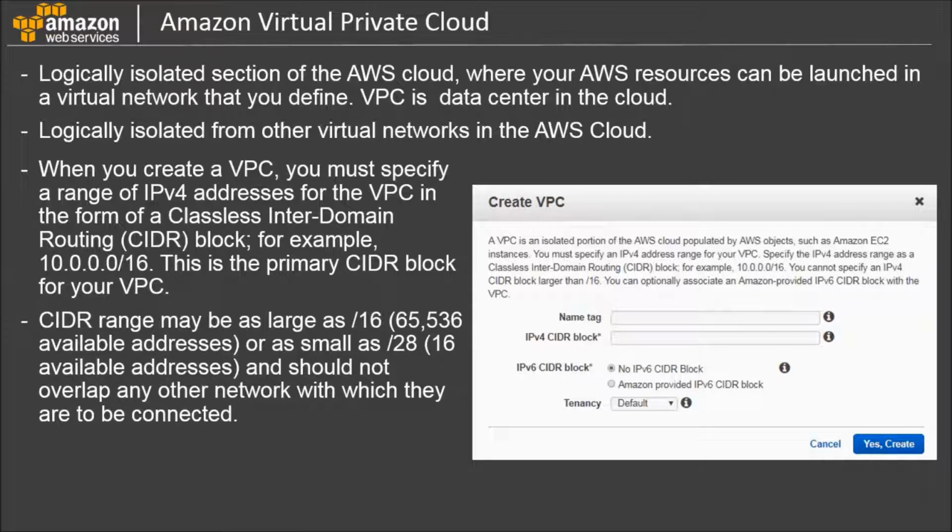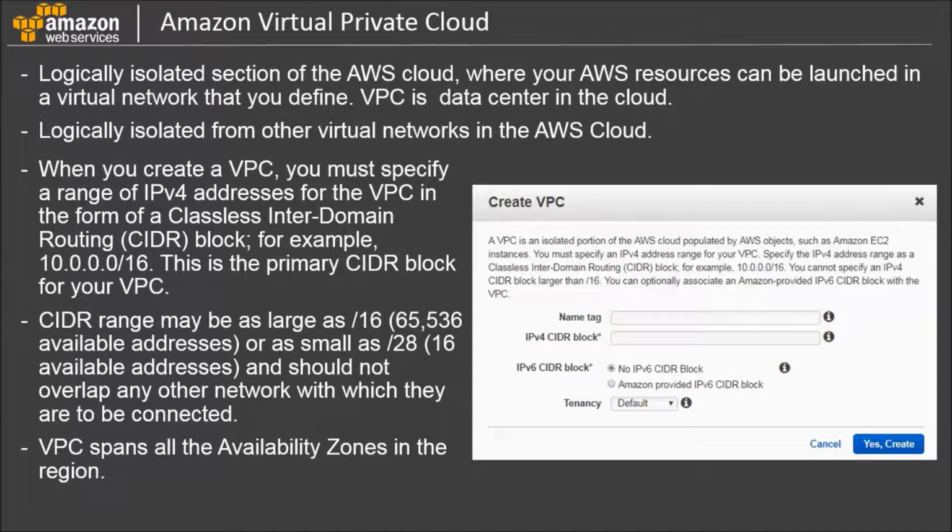This CIDR block should not overlap with any other network with which you want to establish a connectivity. A VPC spans across all availability zones within a region.